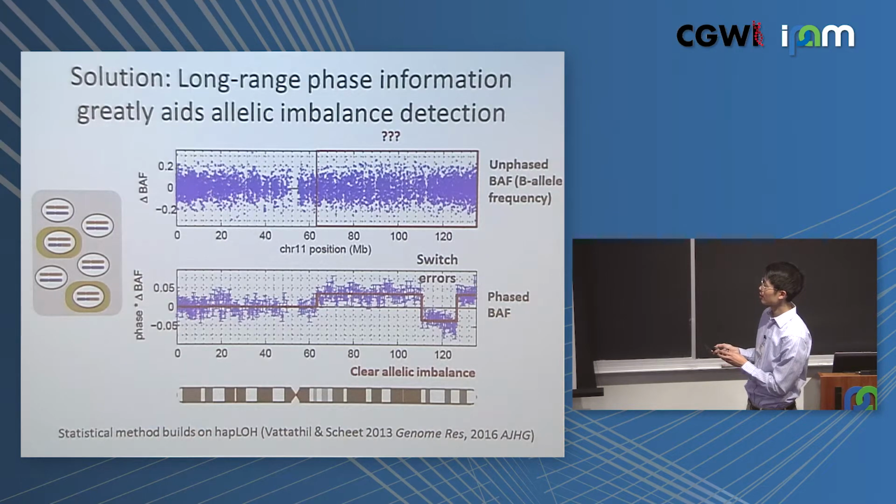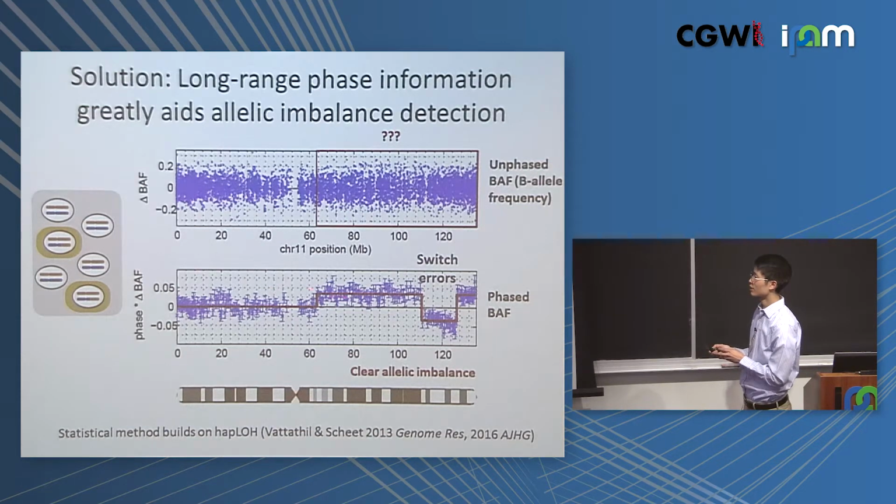And so what happens in the bottom plot is, we have an event which affects the right half of the chromosome. So on the left half, this phased B allele frequency is still holding steady at 50-50. Then something interesting happens starting around 60 megabases, and you get a shift towards haplotype 2. Let's say haplotype 2 is on top and haplotype 1 is on bottom.